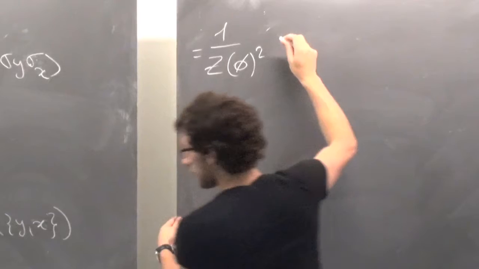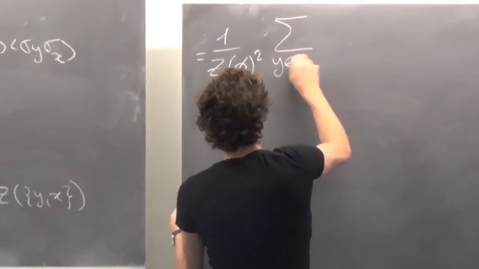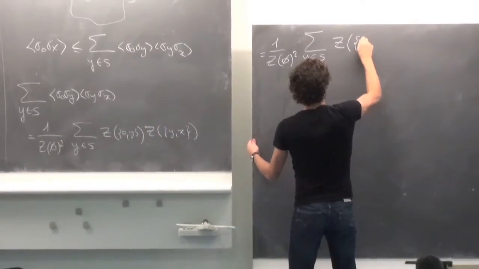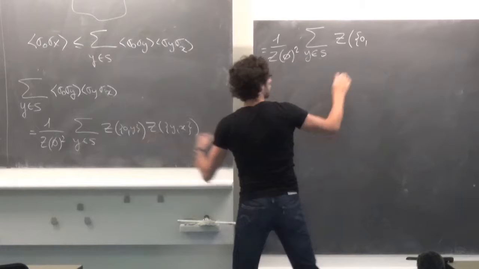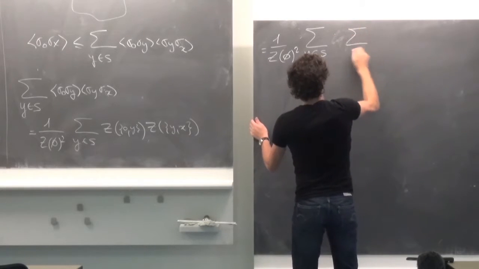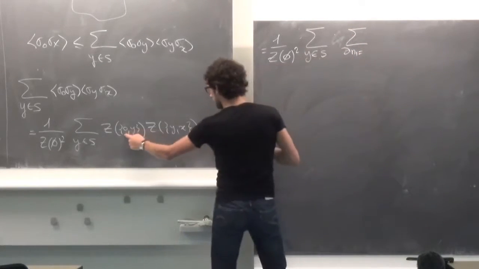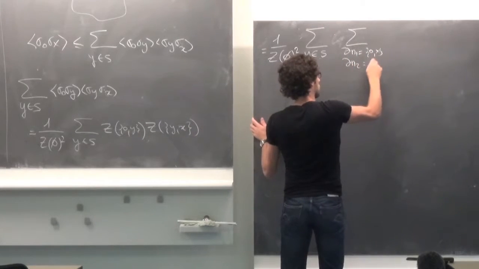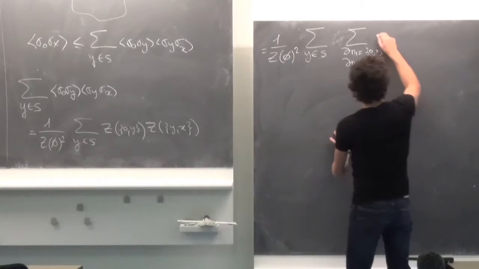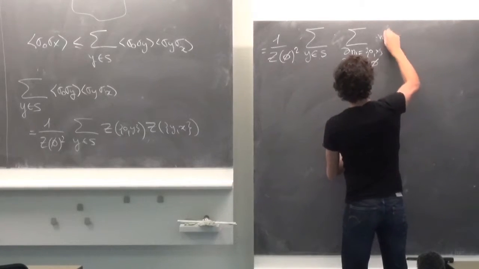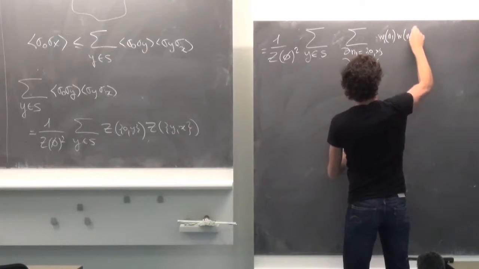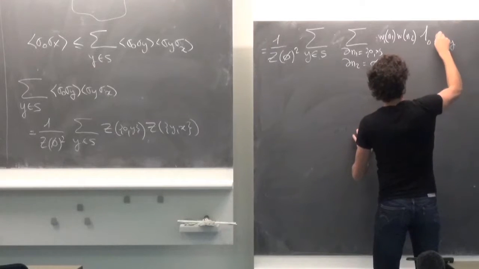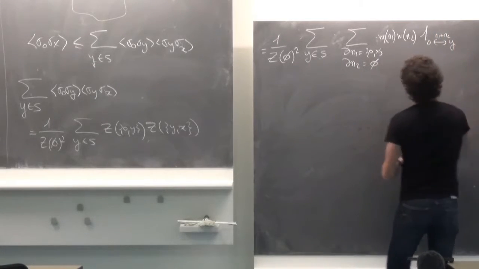You get 1 over Z of empty squared, and you get the sum over y in S. But now you're going to get Z of 0, so here you have the sum over currents n1 with sources 0 and x, and the sum over a sourceless current for the second one, of the indicator of W of n1, W of n2, times the indicator that 0 is connected to y in n1 plus n2.